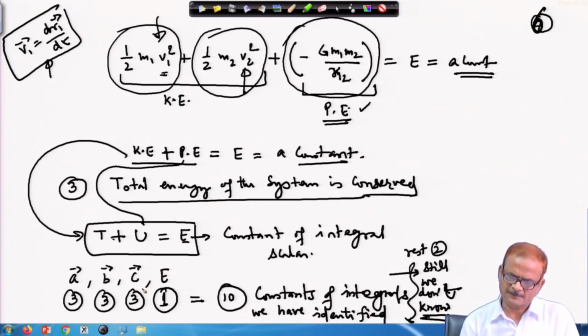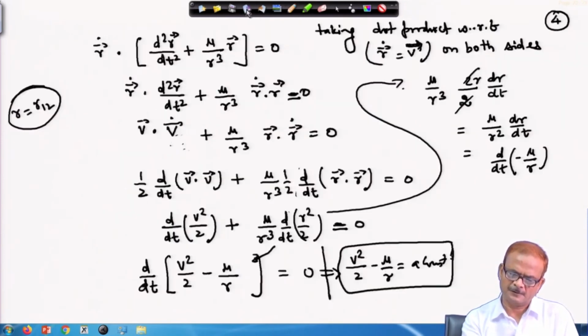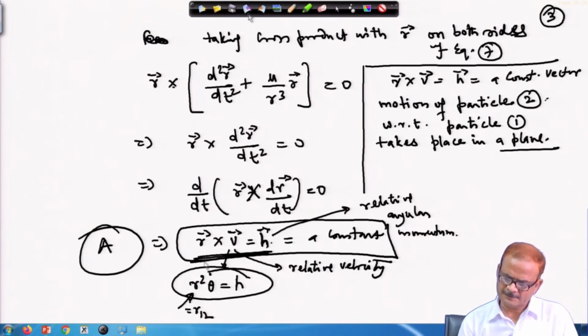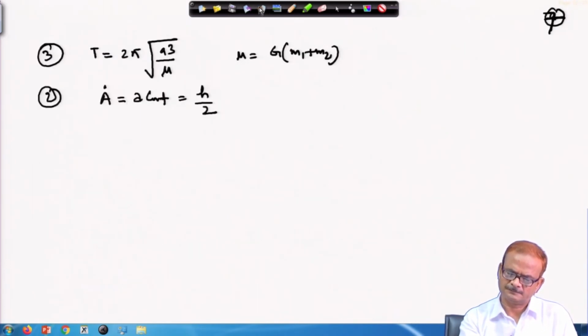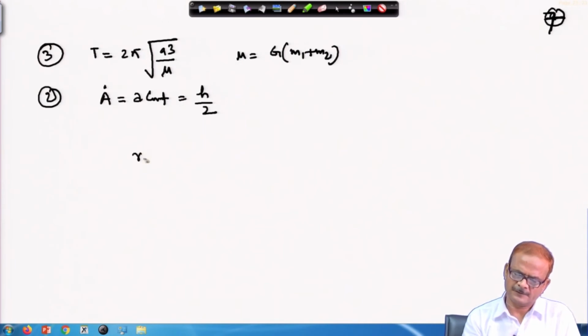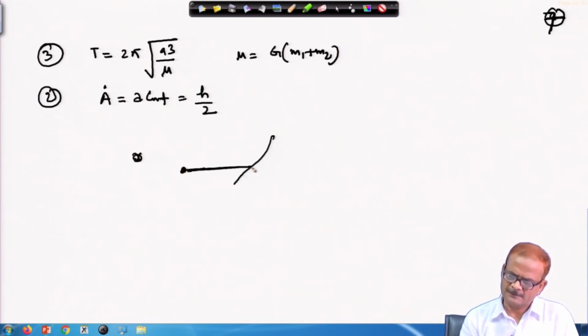If you take this equation and work out this particular part, you get the same solution. This is particle 1, particle 2 is here, it is moving from this place to this place. So, this is r, which is nothing but r12.